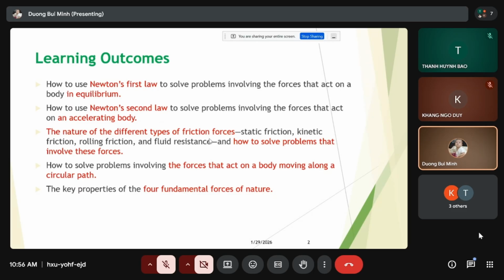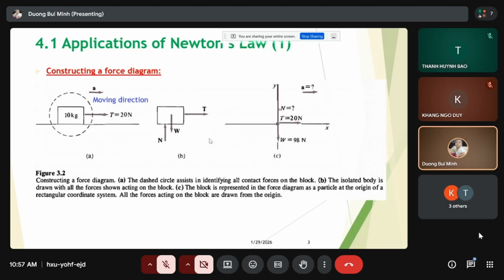For this lecture, we have many exercises considering friction force, and how to solve problems containing the forces that act on a body moving along a circular path. And the key properties of the four fundamental forces of nature, we know, right? So we review a little bit.